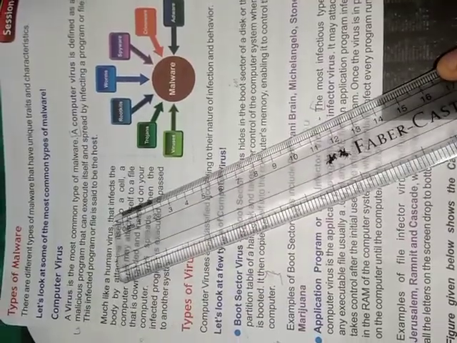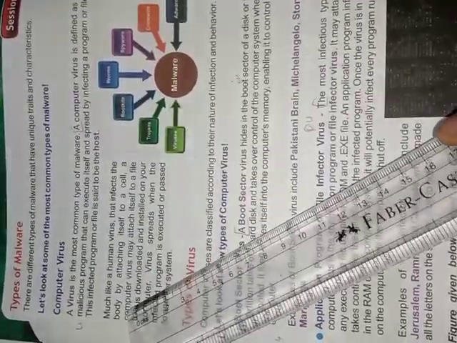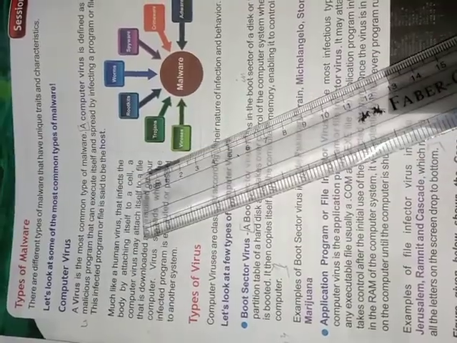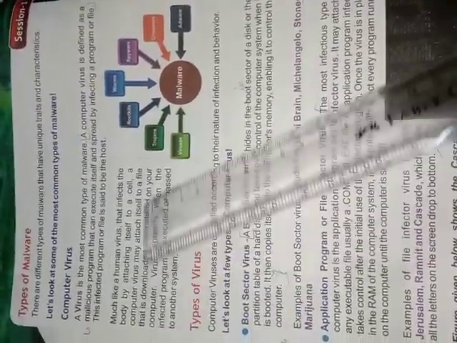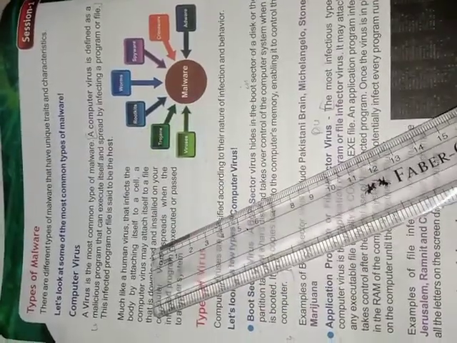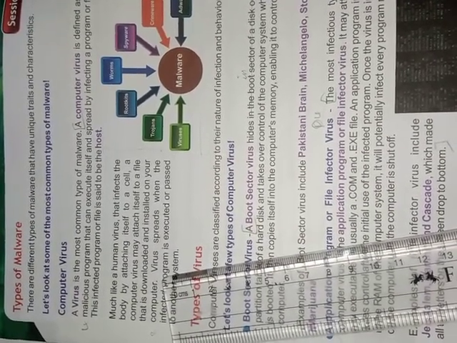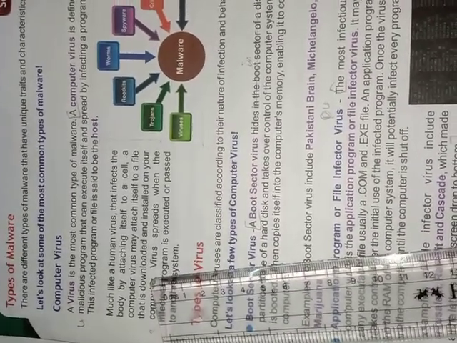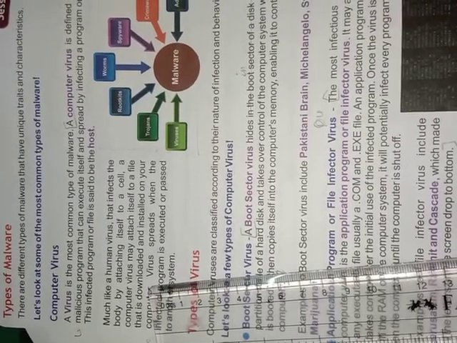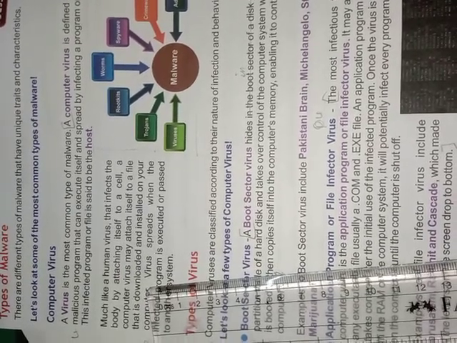Much like a human virus that infects the body by attaching itself to a cell, a computer virus may attach itself to a file that is downloaded and installed on your computer. So now at present, with this coronavirus, we don't go out, because the virus attaches to people by entering into the cells of the human body. In the same way, in a computer, viruses attach themselves to files.